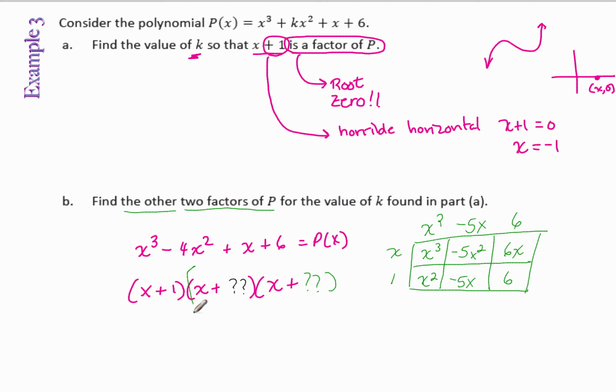Because what would be left is a lovely quadratic. A quadratic is made up of 2 binomial factors. And that quadratic that's left is x squared minus 5x plus 6.